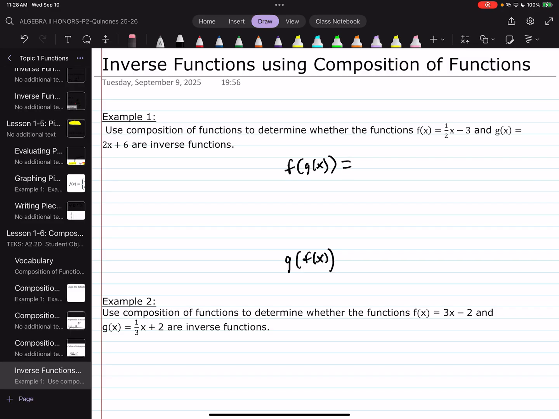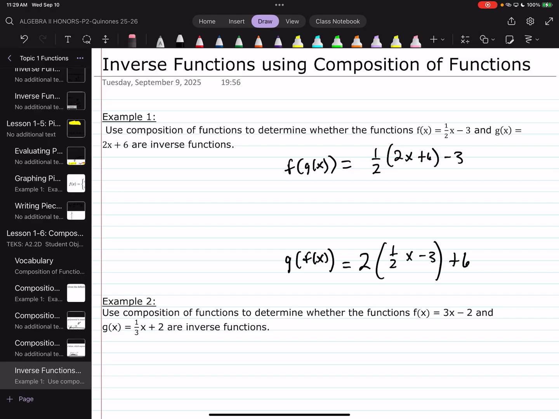Let's do it. 1/2 times the quantity of 2x plus 6 minus 3. And for this one, it's going to be 2 times the quantity of 1/2 x minus 3 plus 6.